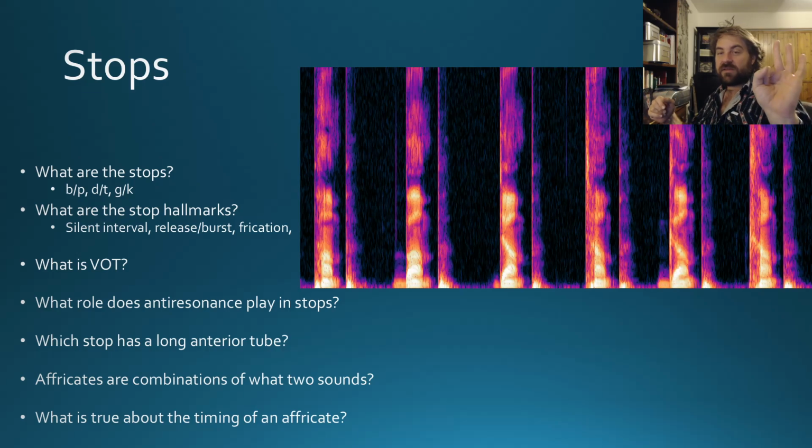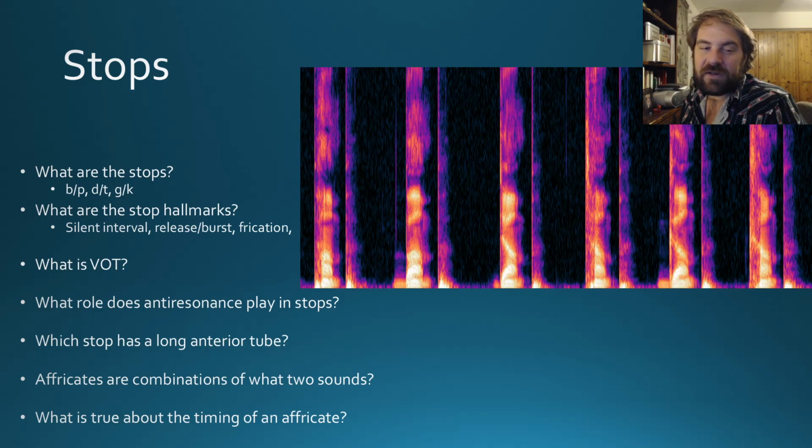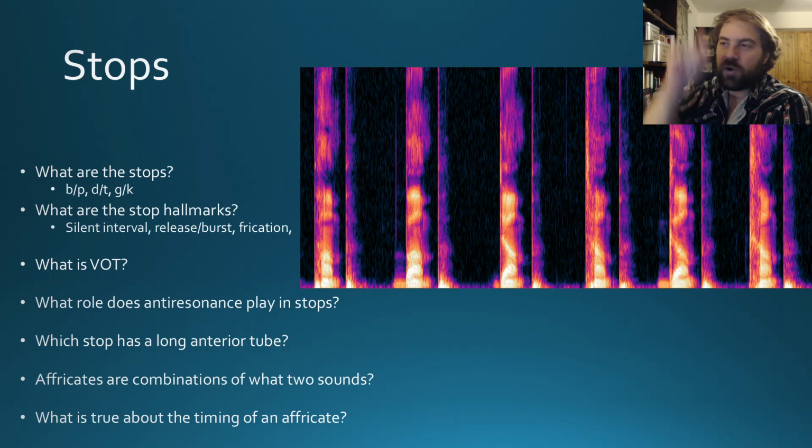The silent interval is what we're going to use to identify that there's a stop even there. So you're looking for a little gap. Then you're going to confirm that you're right, that you're looking for a stop when you see the burst.